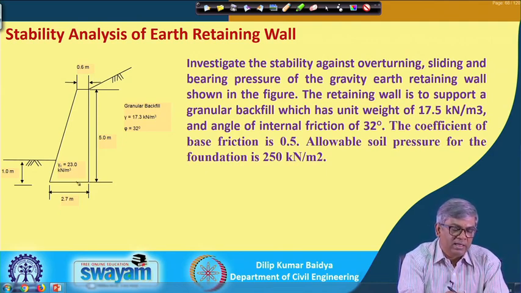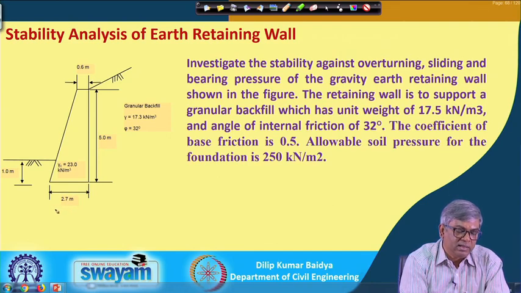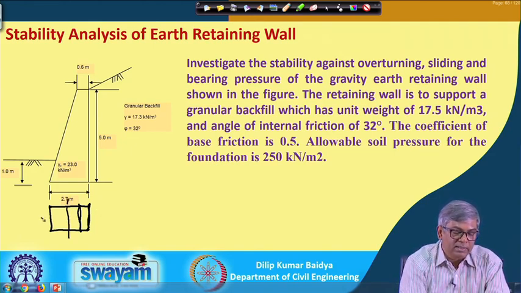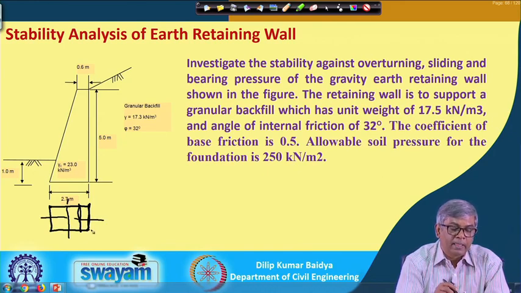So, that means I can take this base as 2.7, and I can take unit width of 1 meter, and that is the front view, and this is the top view of the wall. Only this top will be seen, 0.6 meter, but at the base the top view is like this, and its CG will be somewhere here, and you can see this angle is not mentioned.